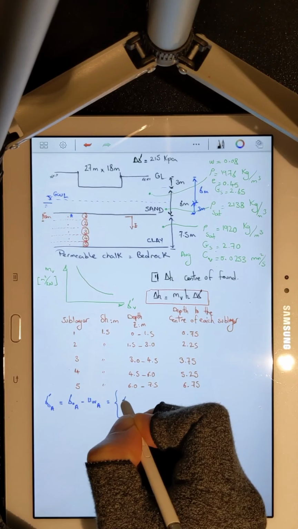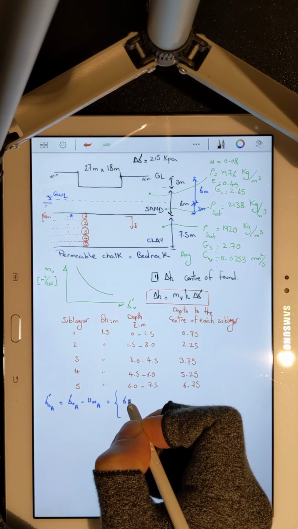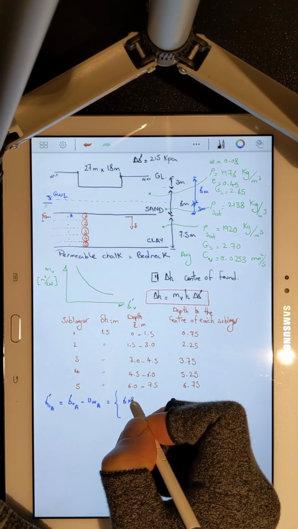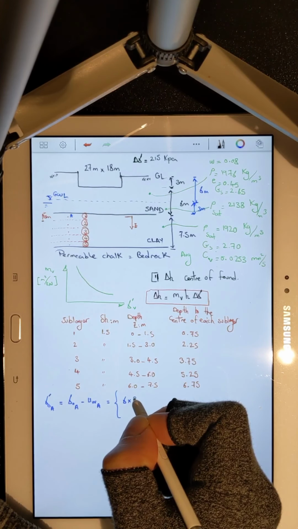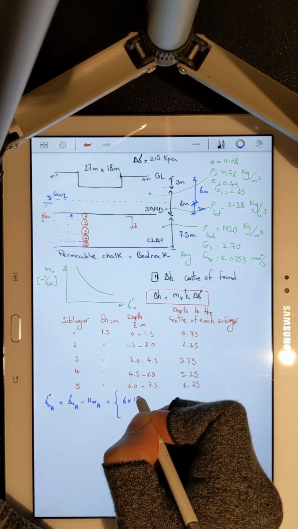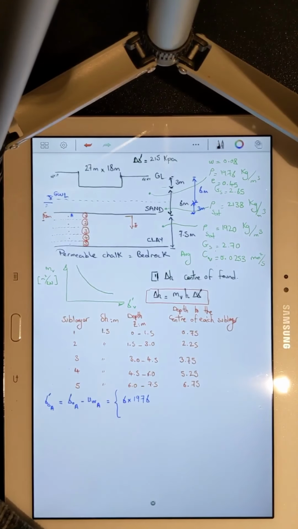6 meters of unsaturated sand multiplied by gamma of unsaturated sand. I have the bulk density of unsaturated sand, and this needs to be converted to unit weight. So I have 1976 kilogram over meter cube.